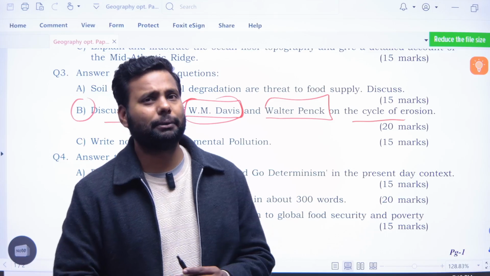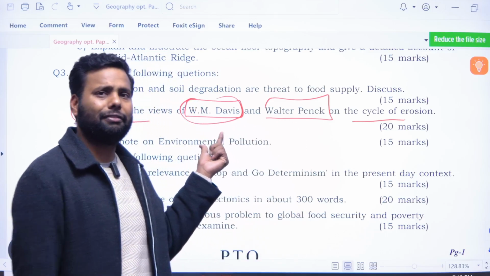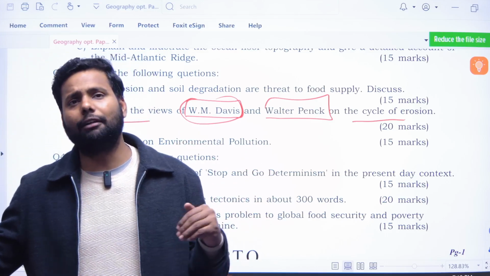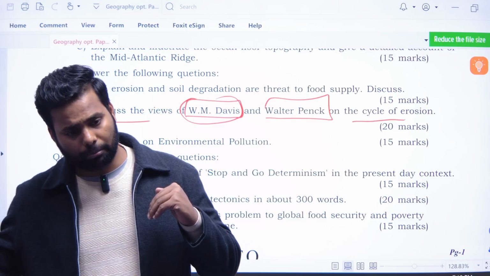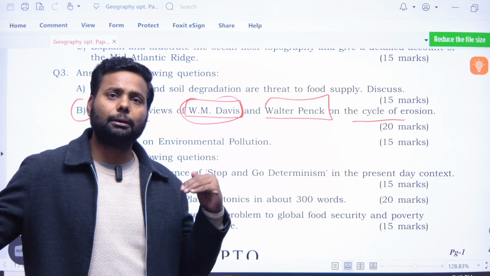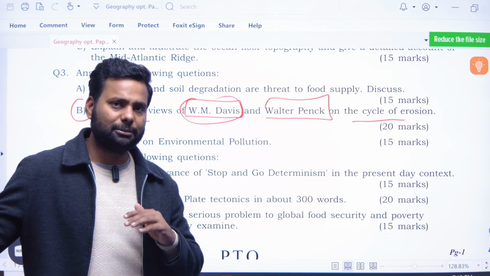You have to simply say that there are many differences. W.M. Davis says that the cycle of erosion starts after the upliftment of the mountain has been completed.